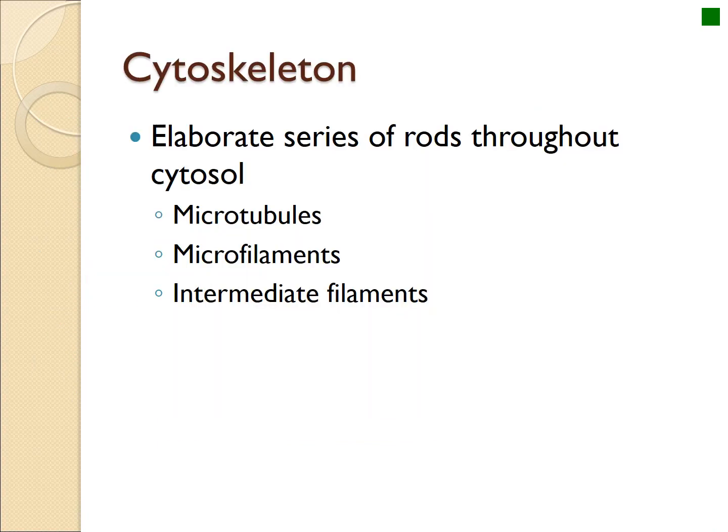And that leads us to the cytoskeleton. This is a very complex series of different types of proteins that connect different parts of the cell. These proteins come in several different types, but the major types we call microtubules, microfilaments, and intermediate filaments.